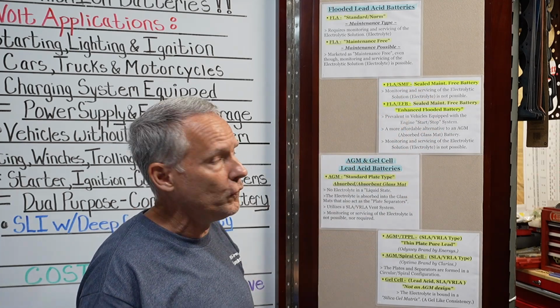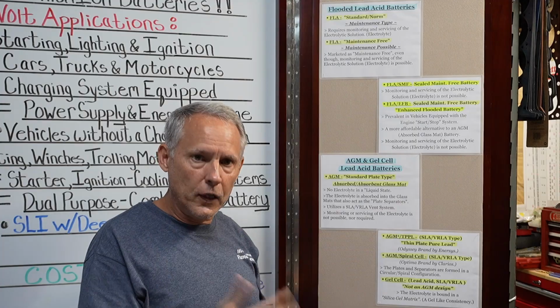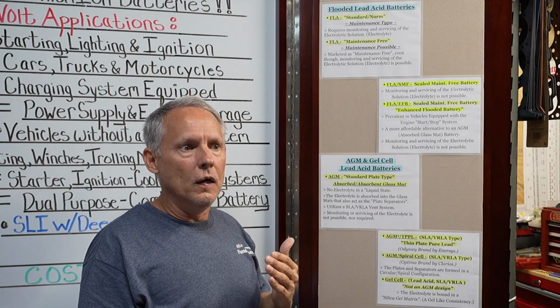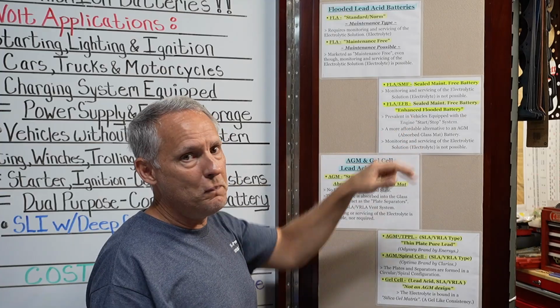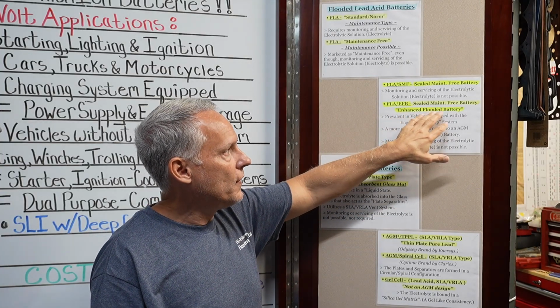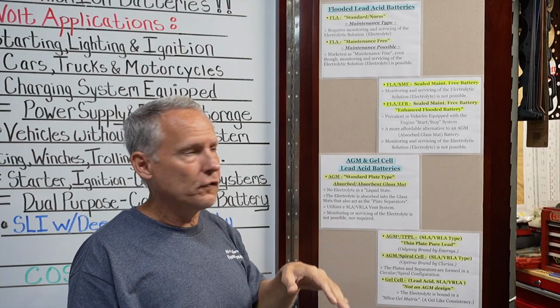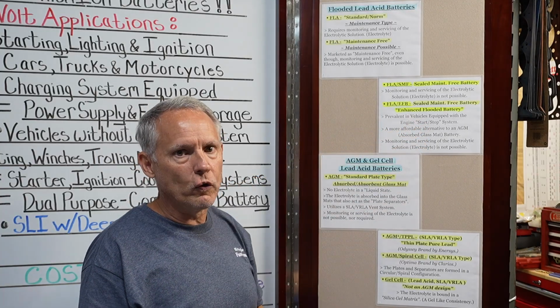From there, we moved on to the flooded lead acid, once again, still lead acid, liquid electrolyte, liquid electrolytic solution, but in an EFB package. EFB stands for enhanced flooded battery. And it truly is. That battery is prevalent in vehicles equipped with the engine start-stop system.